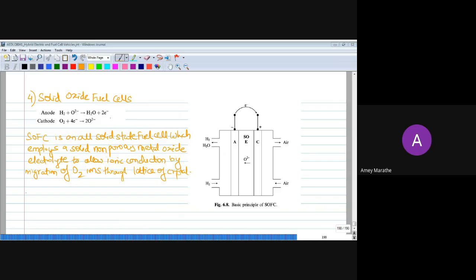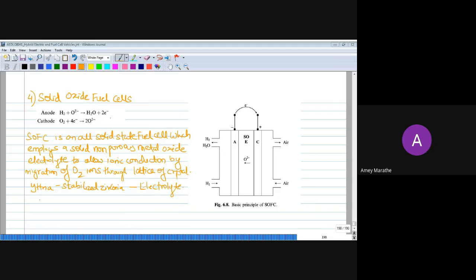Okay, so the name of the electrolyte is this. It is yttria stabilized zirconia which is used as the electrolyte.